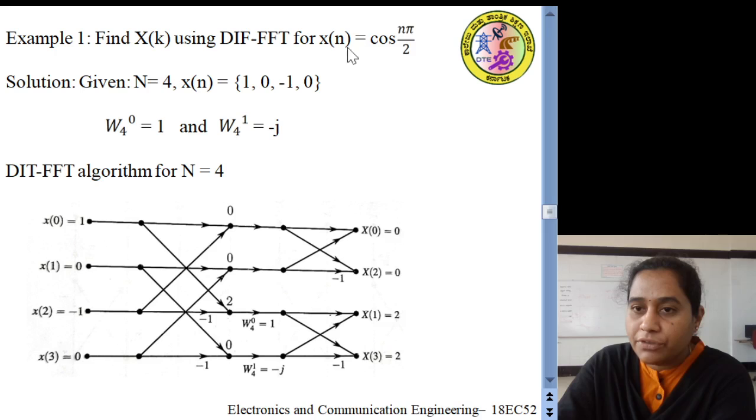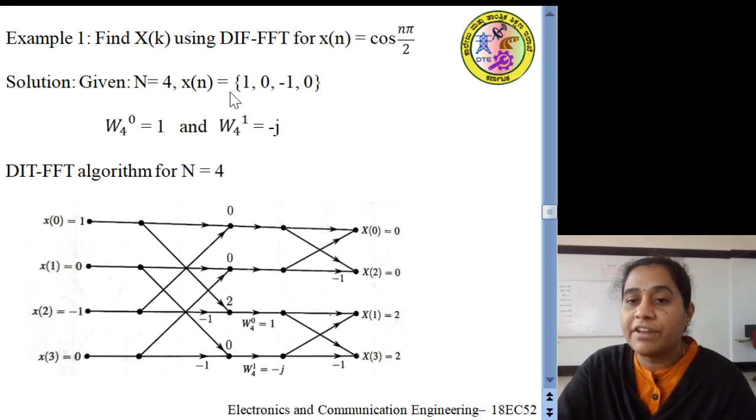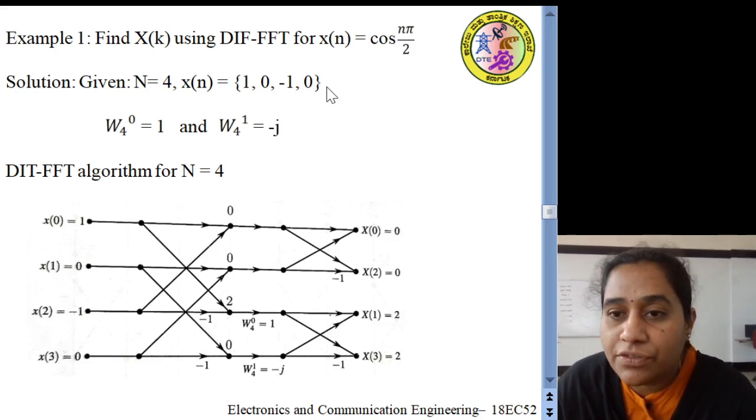If we substitute n as 0, cos 0 is 1. If n is 1, cos pi by 2 is 0. If n is 2, cos pi is minus 1. If n is 3, cos 3 pi by 2 is 0. So x of n will be 1, 0, minus 1, 0.